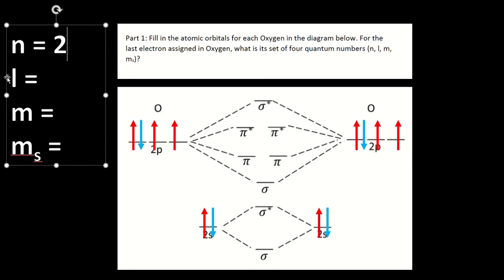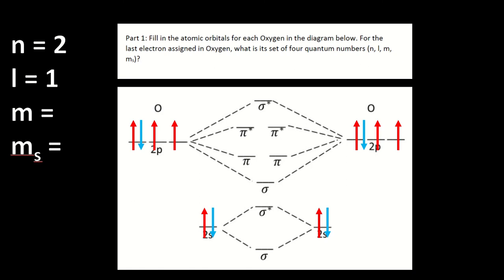Now, the L quantum number, the angular momentum quantum number, always equals 1 if you're working with a p electron. L always equals 1 for p electrons. Now, m varies from negative L to positive L. Therefore, m is going to vary from -1, 0, +1.